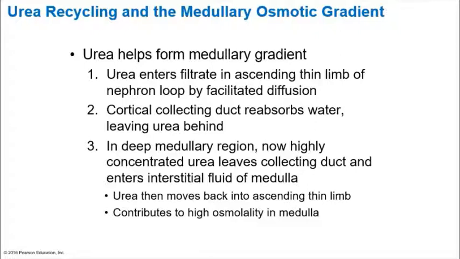Not all the way into the bloodstream, it just goes into the interstitial fluid. Once it's in that interstitial fluid, it will make its way back to the ascending limb to get pumped back into the filtrate. You'll send it back to the collecting duct where it will leak back out into the interstitial fluid, and that's the cycle. You'll secrete in the ascending limb and it will leak out in the collecting duct.